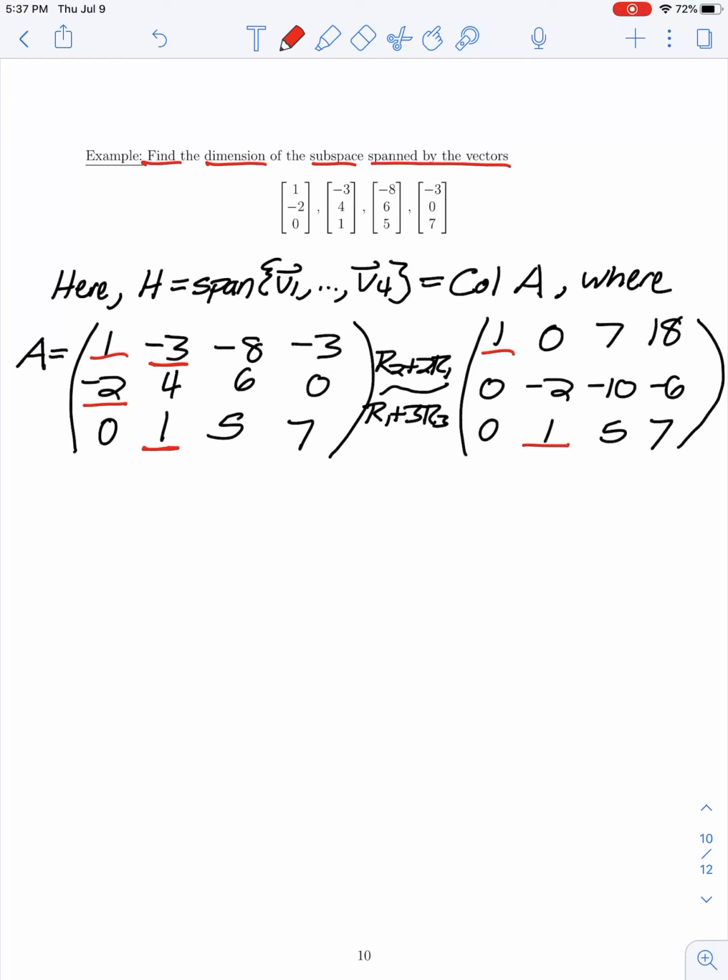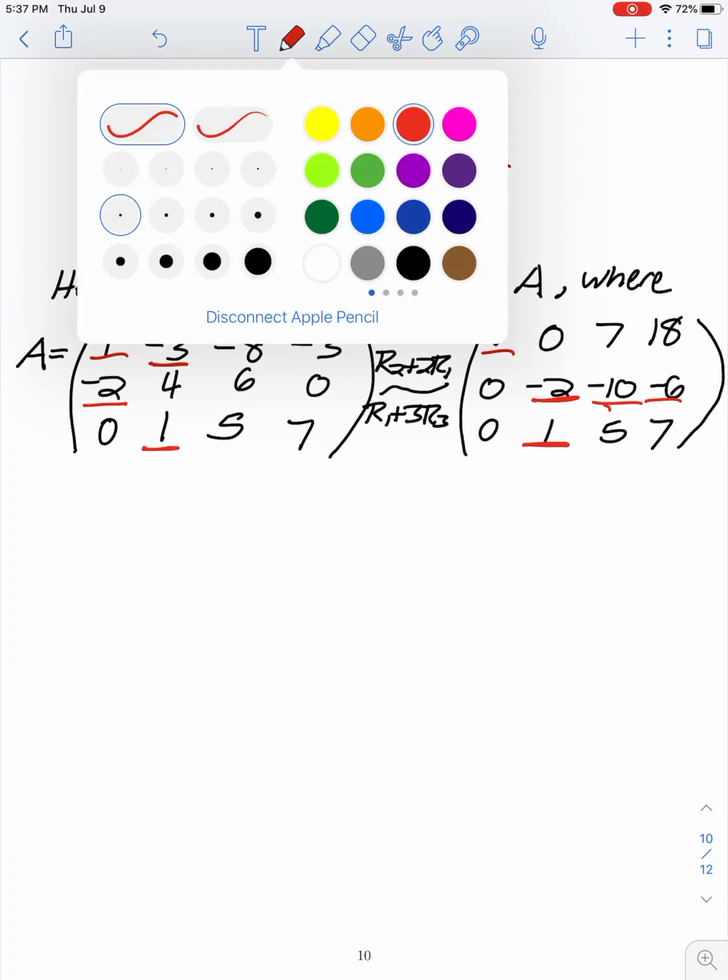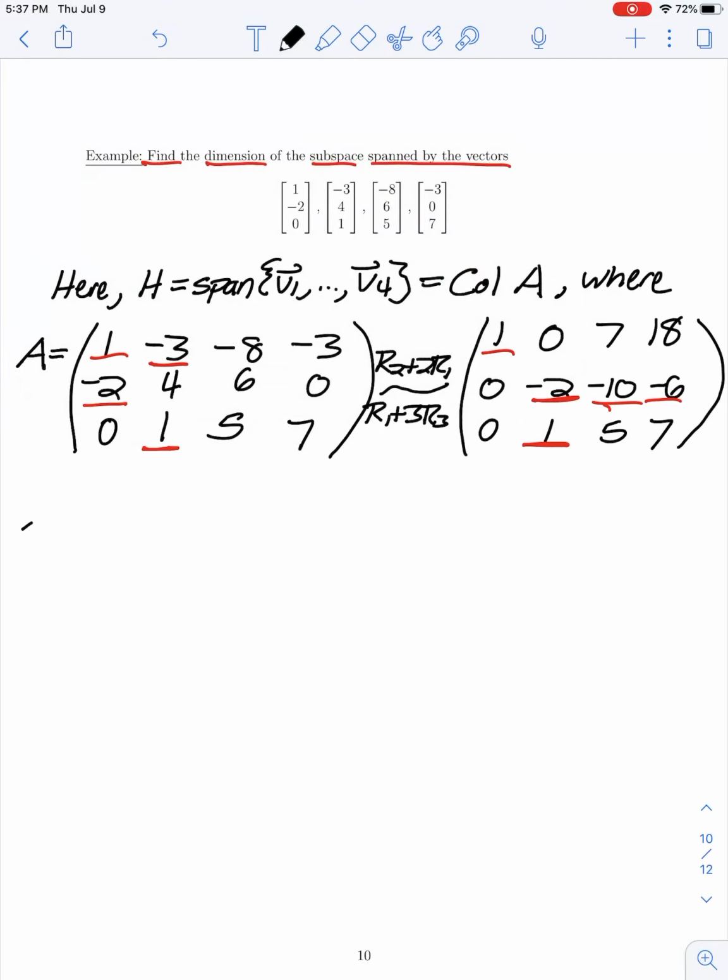In my second column, I have a leading 1 in the third row, which I could use to eliminate the negative 2 in the row above it. Or I see I could divide my second row through by negative 2. So I'm going to use that approach.